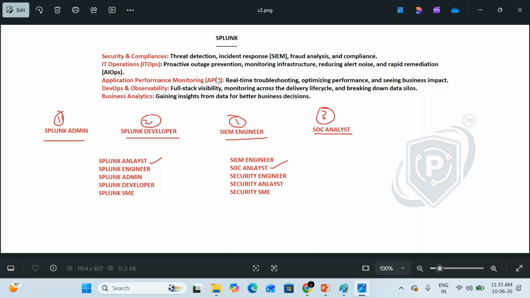And it can also work with DevOps and observability: full stack visibility, monitoring across the delivery lifecycle, and breaking down data silos. Basically, we know monitoring. Monitoring is nothing but what happened and when it happened.